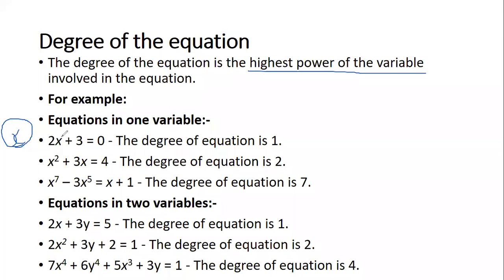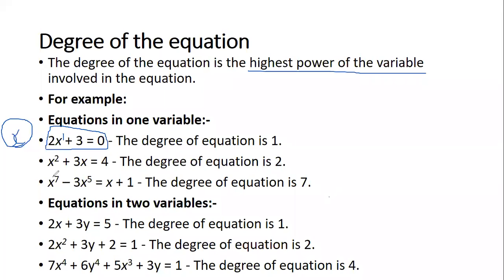What do you think is the power of x? Very good. 1 is the power of x. So, 1 is the highest degree of this equation. Clear? Understood?